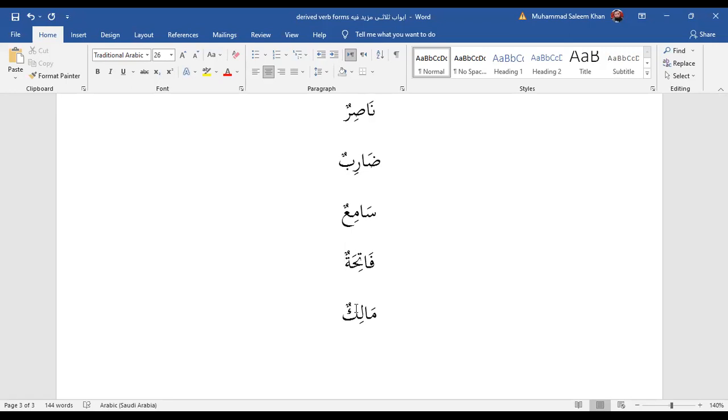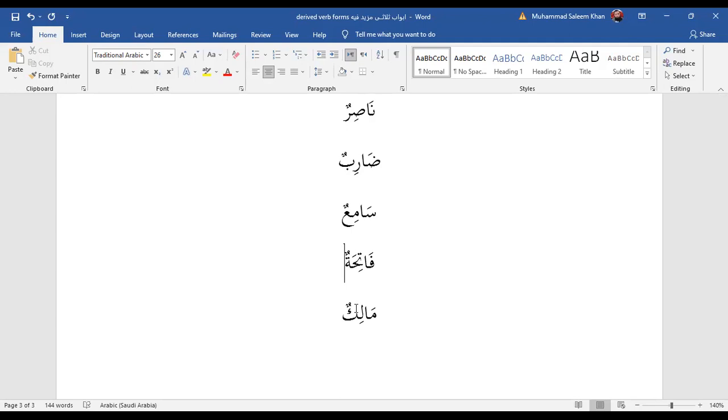Kharaja, kharijun. Dakhala, dakhilun. Shakara, shakirun. Qatala, qatilun. Ghafara, ghafirun, excellent. Kasaba, kasibun, excellent.